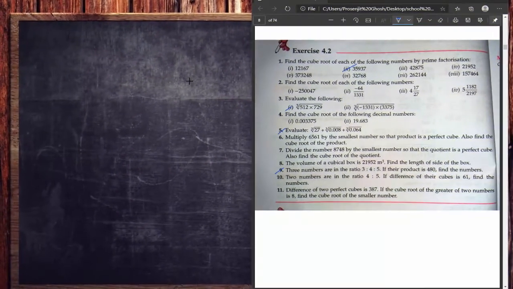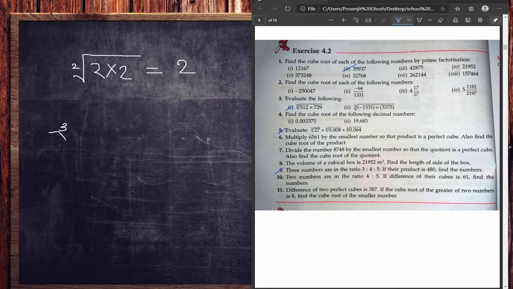So this time we are using cube root. We already learned about root. Root means, if a pair of some number is there, that is 2 into 2, we can write it as 2 by taking it out of the root. We don't commonly write a 2 over here. But for cube root, we have to write a small 3 in the place of this portion.